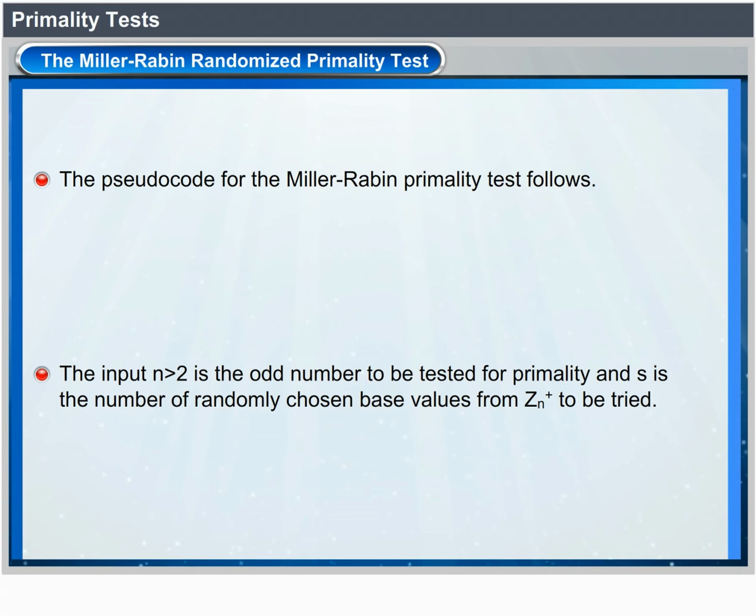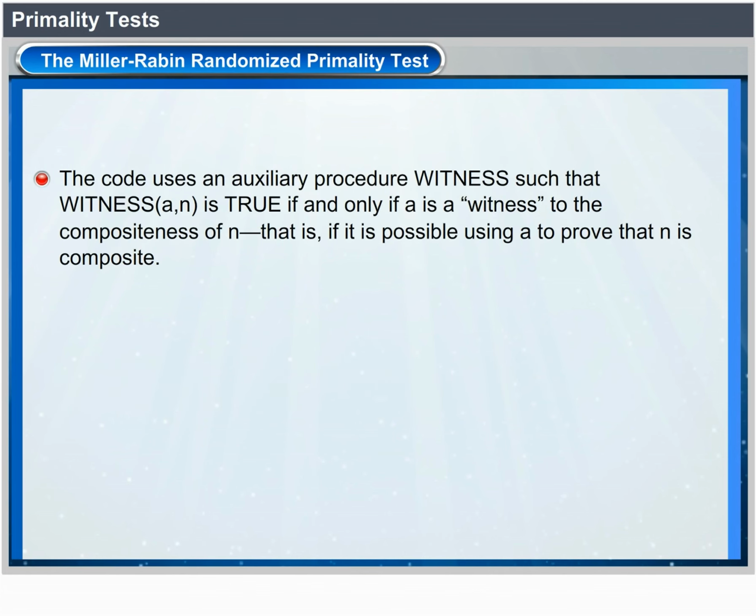The code uses an auxiliary procedure, witness, such that witness(a, n) is true if and only if a is a witness to the compositeness of n, that is, if it is possible using a to prove that n is composite.